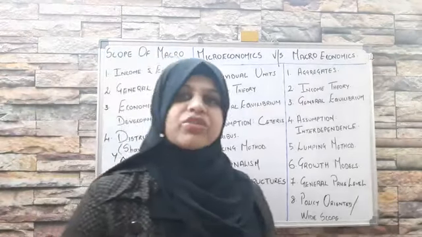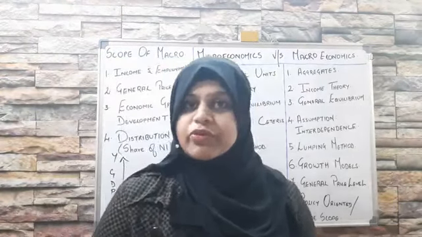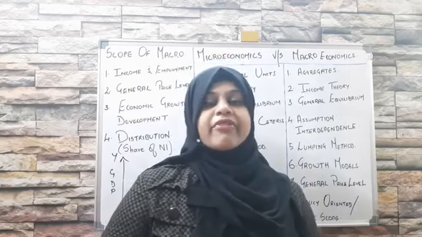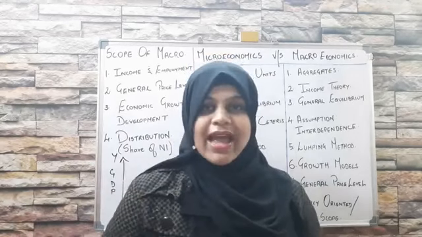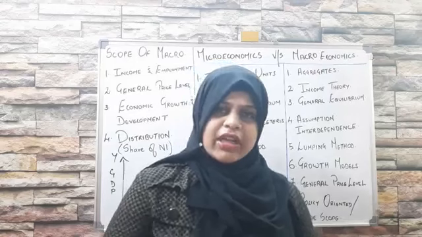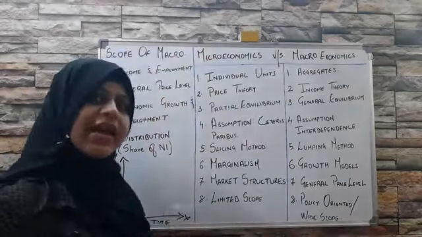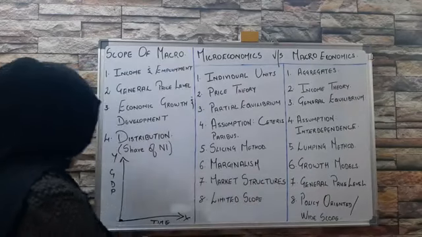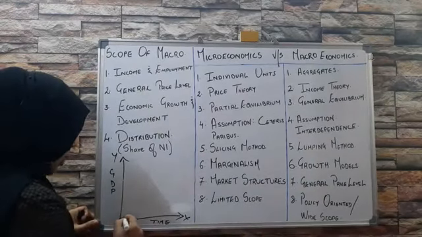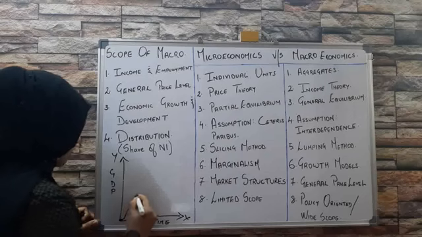Slowly and gradually, when the Planning Commission was formed, the 5-year plans took place, and slowly our country started progressing. Now here, when this type of growth happens, the graph moves upwards.